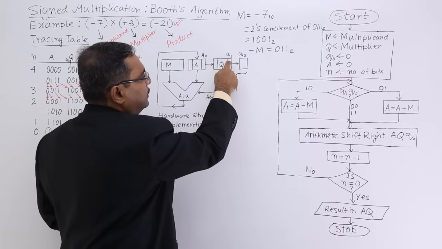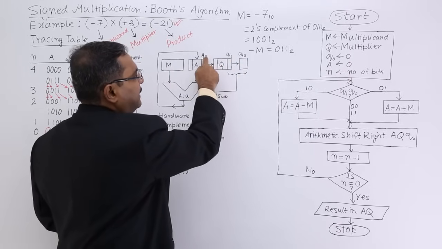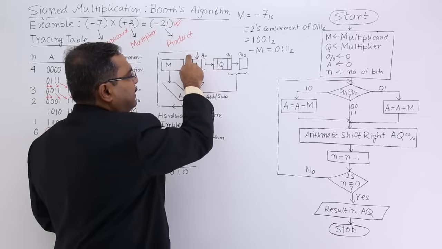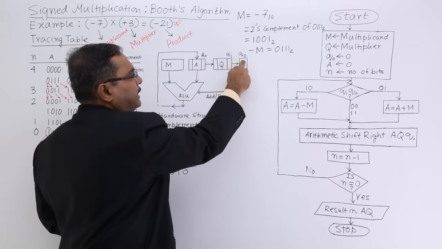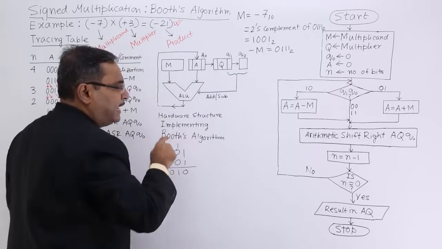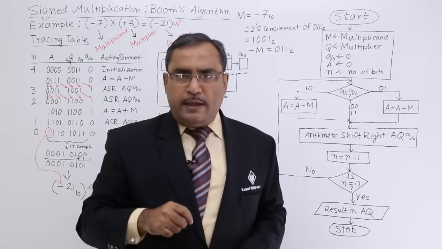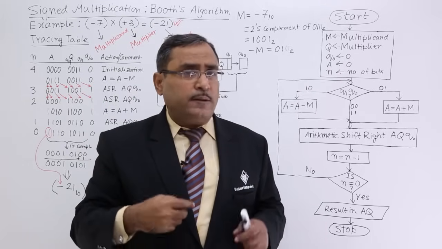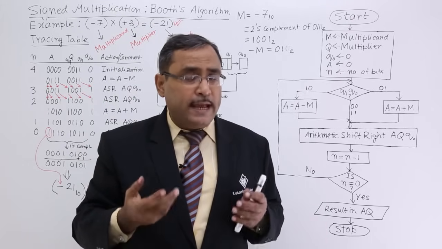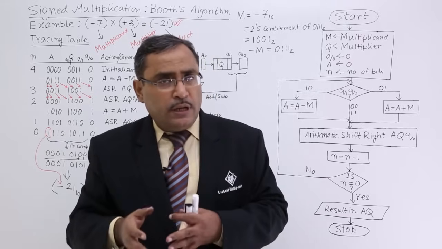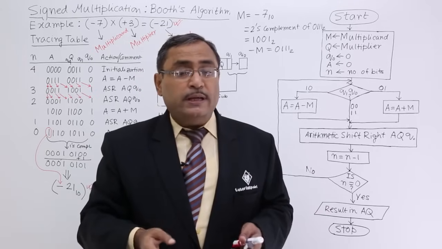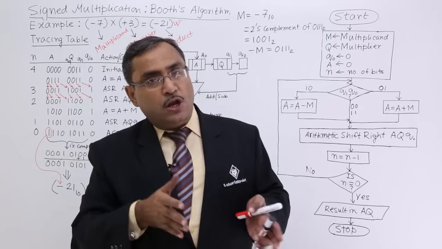So that is my Q1, that is my Qn, that is my A0, that is my An, that is my M0, that is my Mn. This is my Q0 and this is my arithmetic and logic unit. Arithmetic unit for addition or subtraction, A is equal to A plus M, A is equal to A minus M. And sometimes we are also doing arithmetic shift right, which is a logical operation.